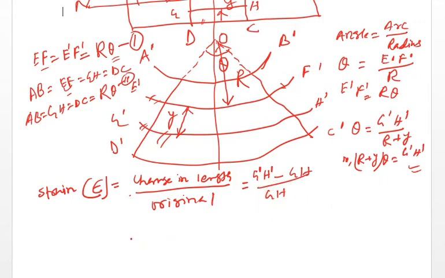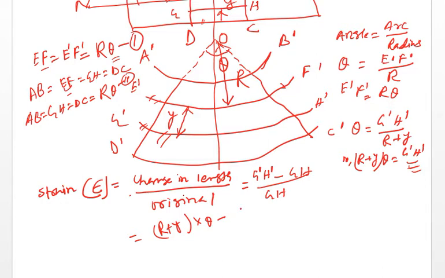Now let's put the value of G'H' that we found over here. G'H' is (R + y) × θ minus the value of GH.